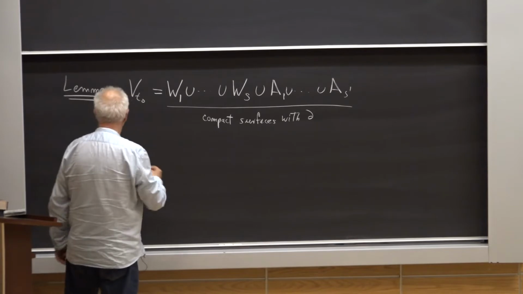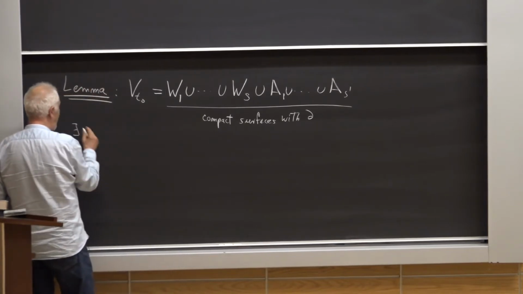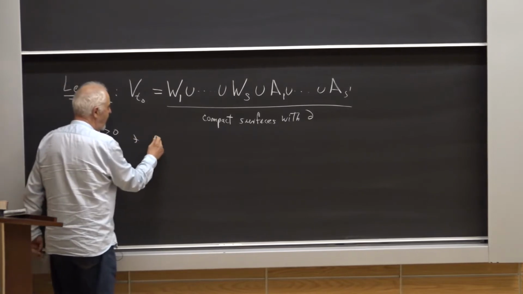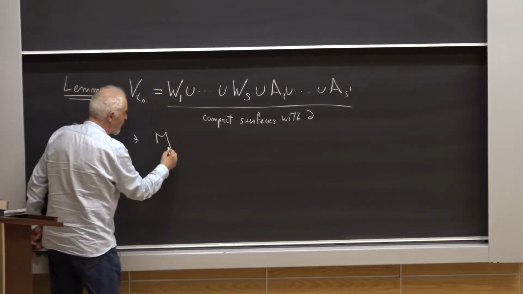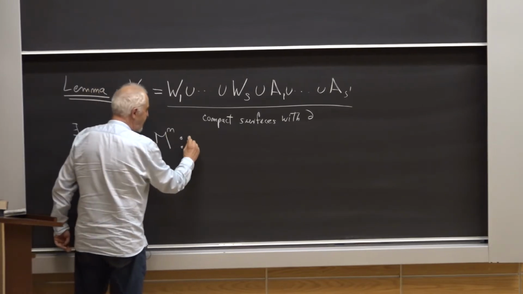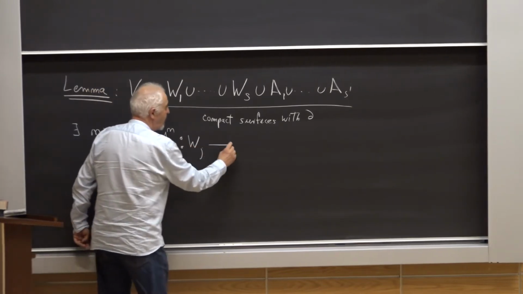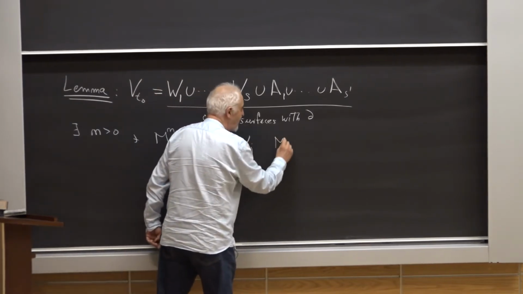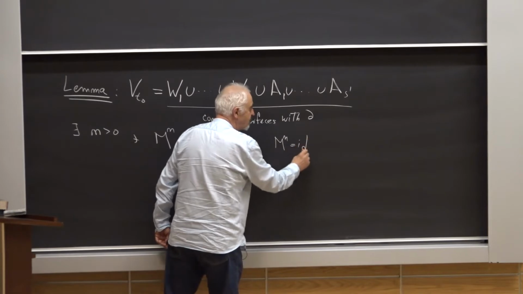and there exists an integer n in such a way that the geometric monodromy raised to the n will send omega j to itself, and it will be the identity.